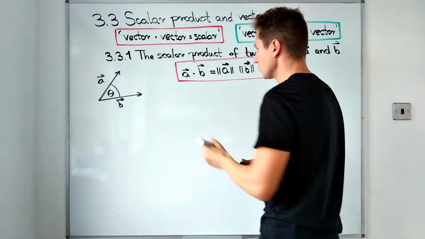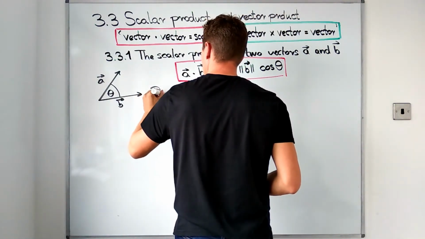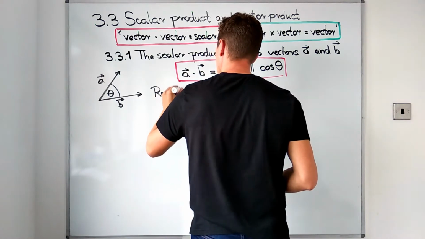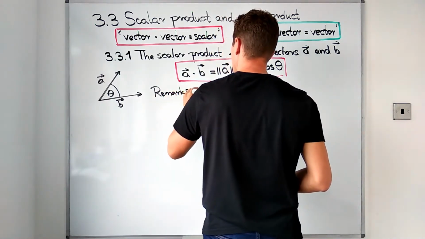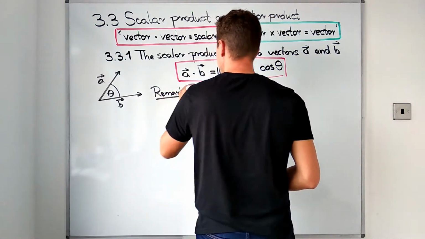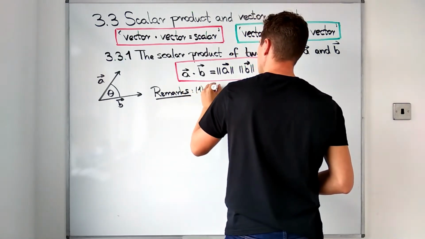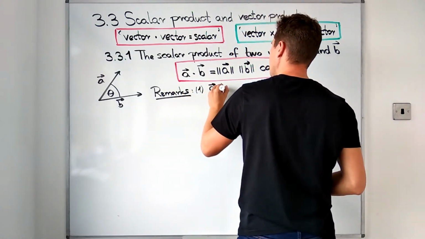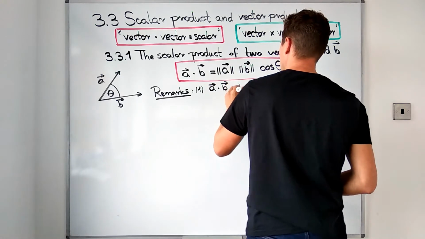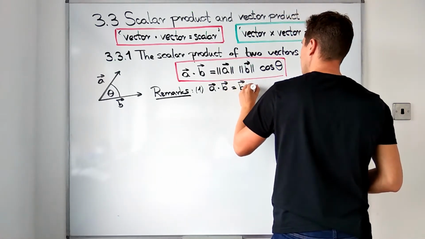So let me just put that in writing. The first remark is that a and b has the same scalar product as b and a.